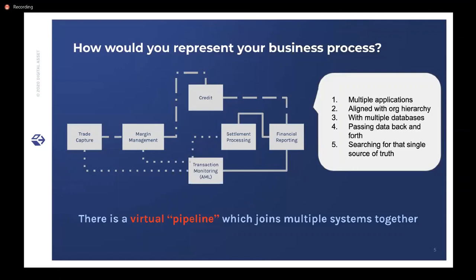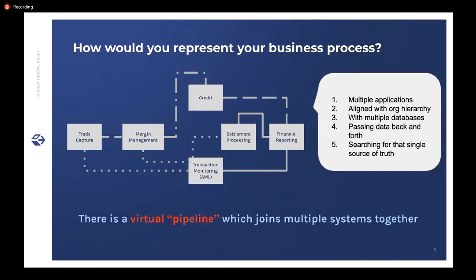Typically, this is what happens in any enterprise. There are multiple applications. They are linked together by a virtual pipeline. If you are asked for a business process of your enterprise, it's very unlikely that you'll have a latest copy that you can show or you can produce. Most often, it's in the form of video diagrams, process flow diagrams, multiple architecture diagrams.